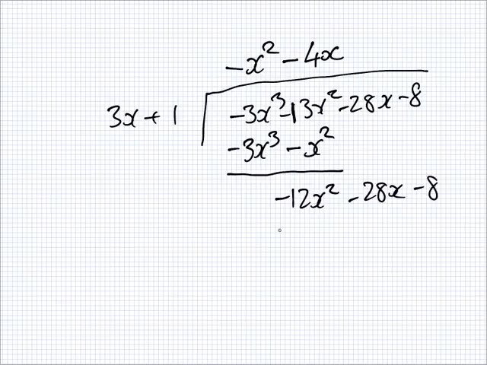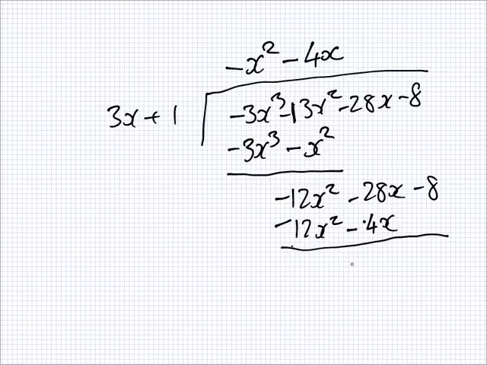So here I get minus 12x squared minus 4x. So I'm left with minus 24x minus 8. So here I need minus 8, and I'm left now with minus 24x minus 8.